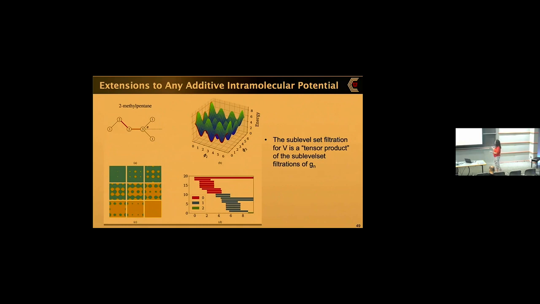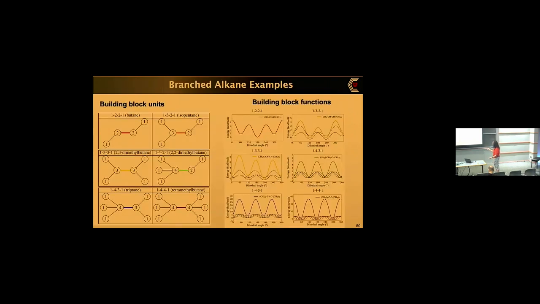Basically, we were able to show that the sublevel set filtration is kind of this tensor product based upon what we now call building block functions. We can take individual building blocks, the sub parts of a molecule, and build up the potential energy landscape from those. Then we can prove what the final potential energy landscape is.